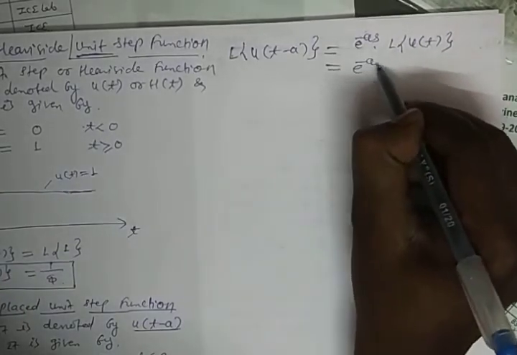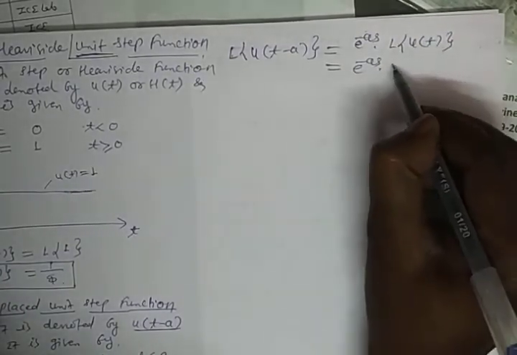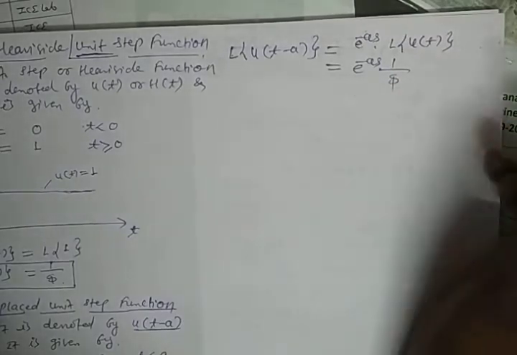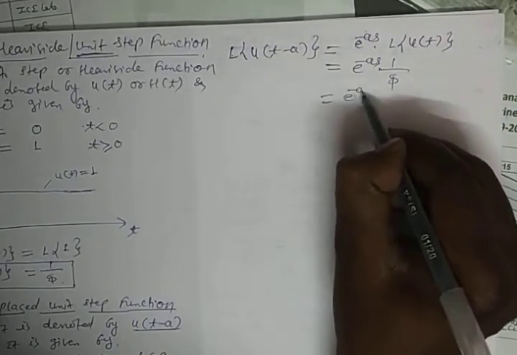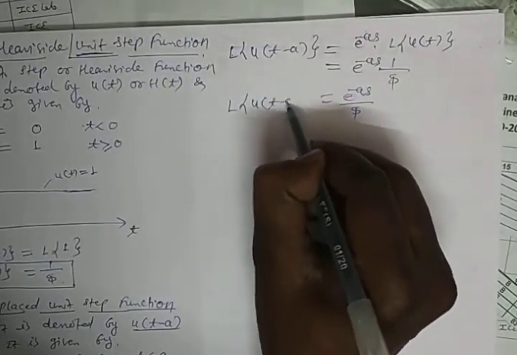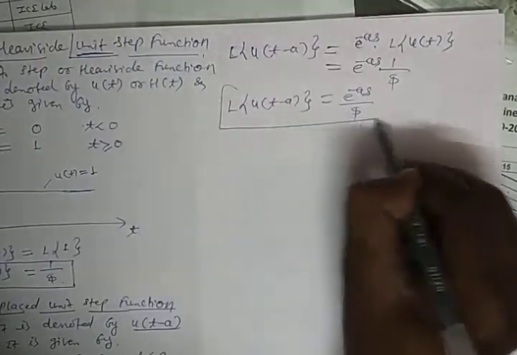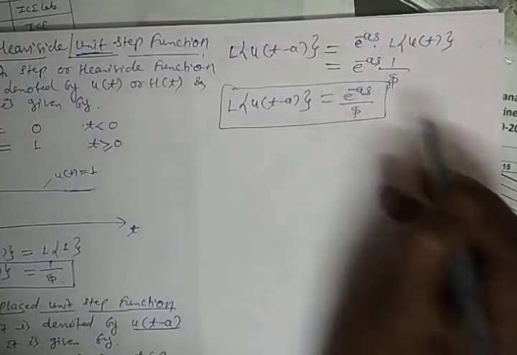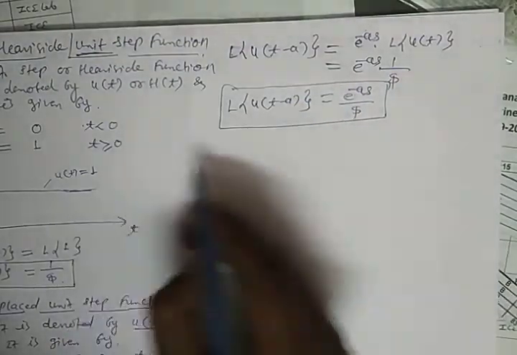We know that the Laplace transform of u of t is 1 by s. So this will be e raised to minus as upon s. So the Laplace transform of the displaced unit step function is e raised to minus as upon s.